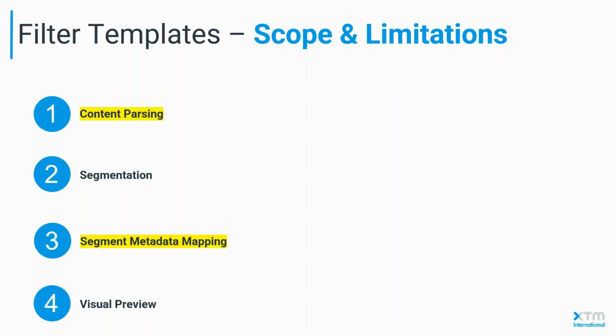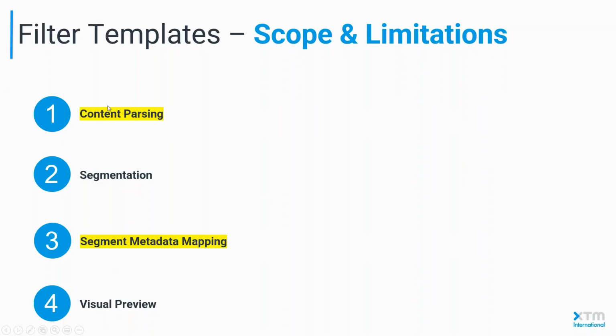So you can use XSLT style sheets in your filter template to improve the visual preview for a set of file formats. So that is also doable with the filter template.